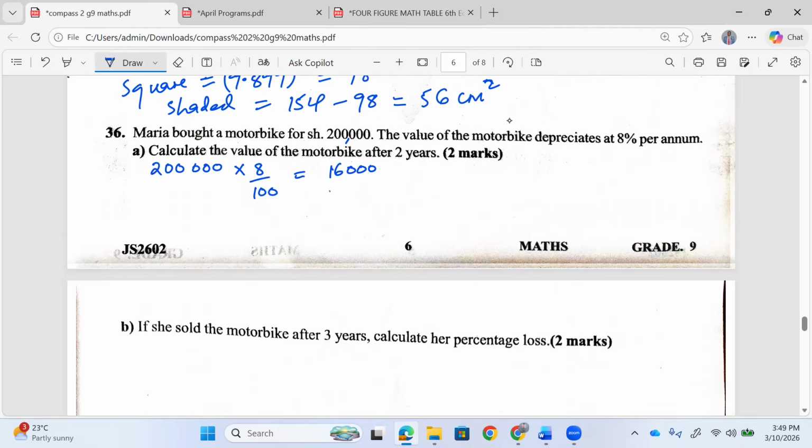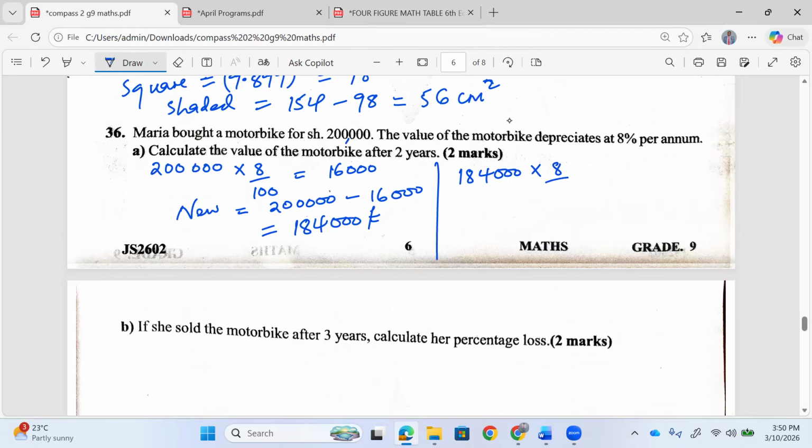After depreciating by 16,000 after 1 year, the new value shall be 200,000 minus 16,000. Now this becomes 184,000. That is the new value after exactly 1 year. It shall again depreciate by the same rate, 8%.